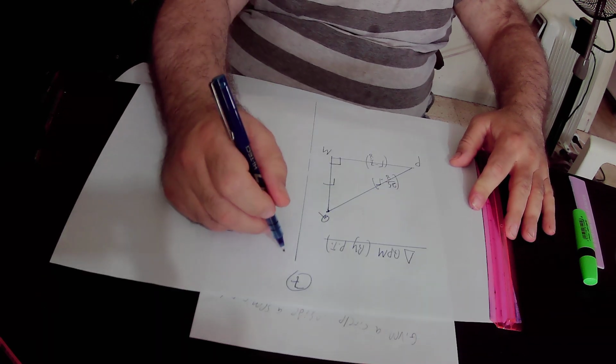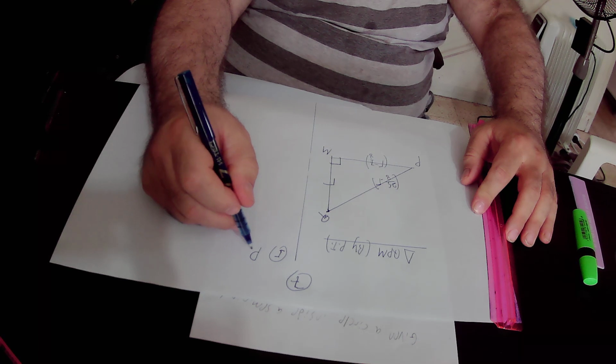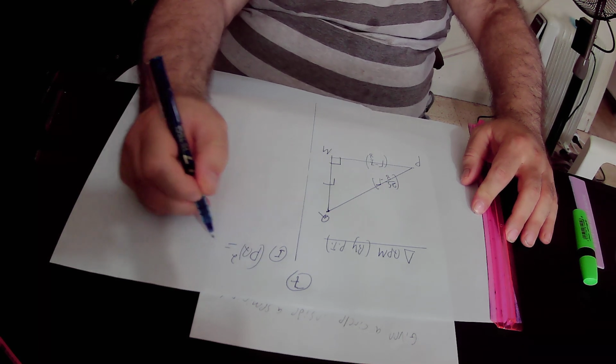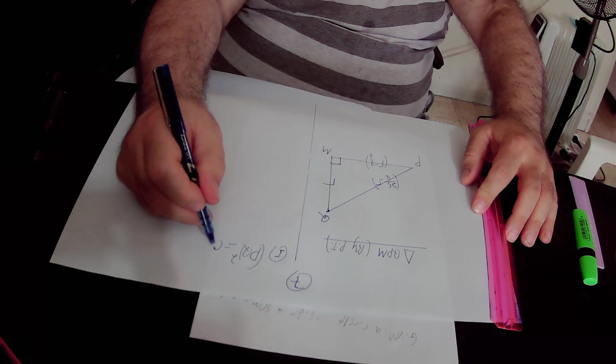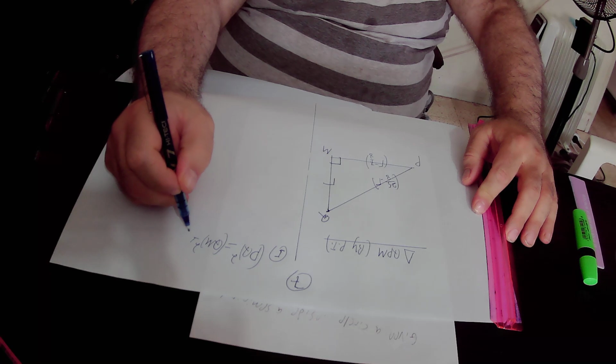This will be equation number 1. The square of the hypotenuse is PQ square. It must be equal to the sum of the squares of the perpendiculars. That is to say, it must be equal to QM square plus PM square.